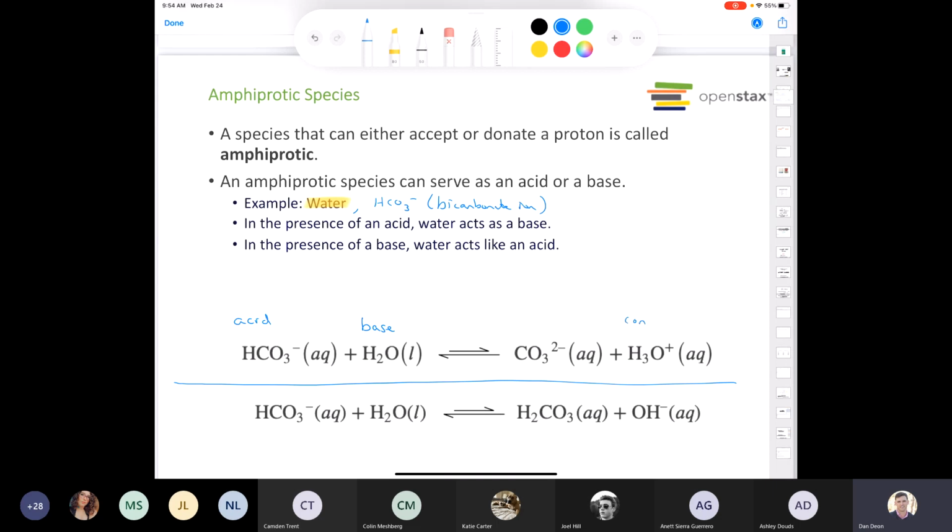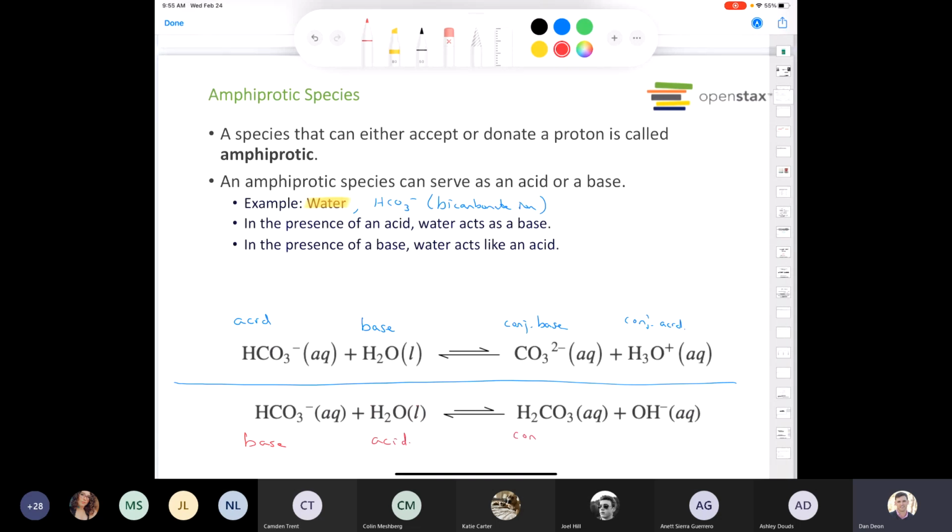So here we have our conjugate acid, and here we have our conjugate base. Down here, the bicarbonate is being converted into H2CO3, carbonic acid, and so it's accepting a proton, so it's behaving as a base. Water is donating the proton, so water here is behaving as an acid.